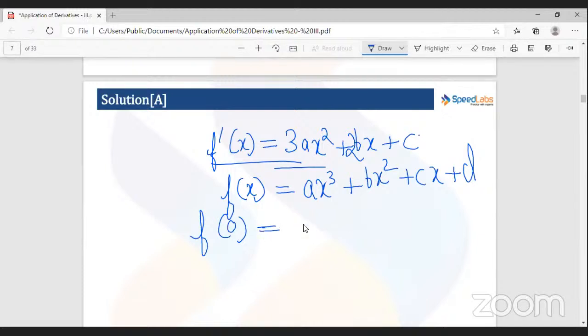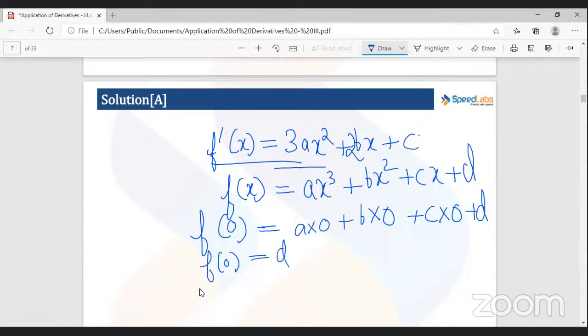So f0 will be a into 0 plus b into 0 plus c into 0 plus d. So f0 is coming out to be d. Now what is f1? f1 is a plus b plus c into 1, which is c, plus d.